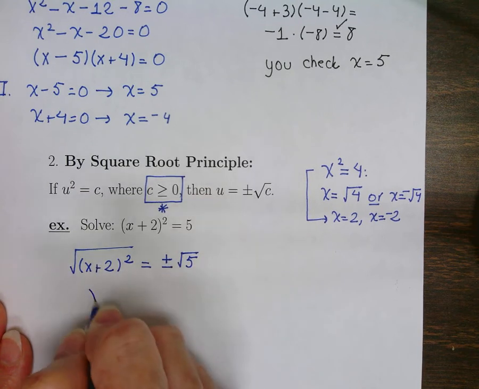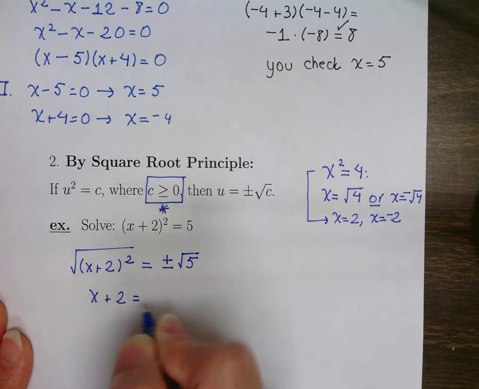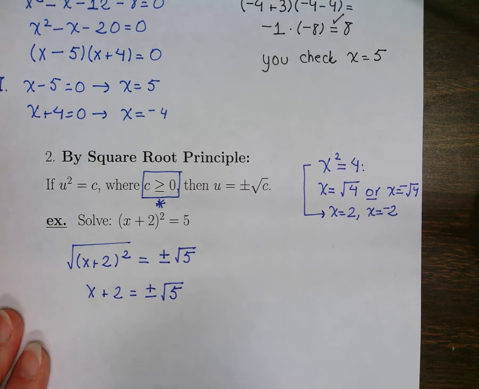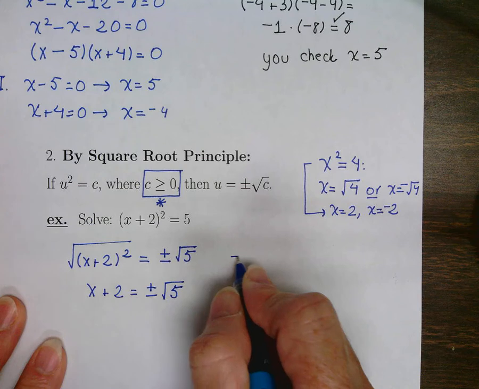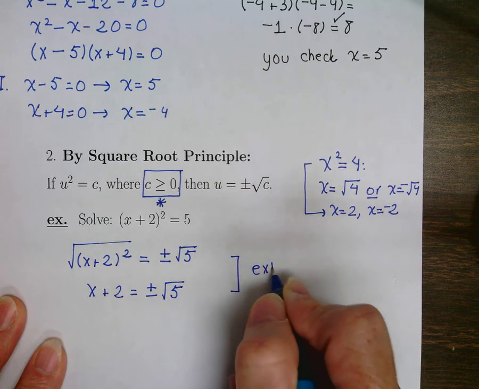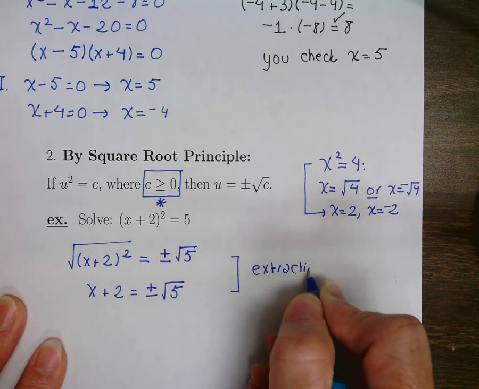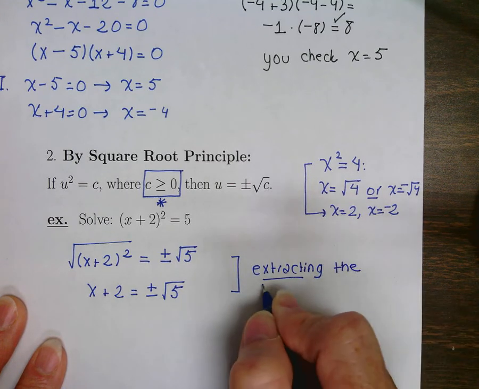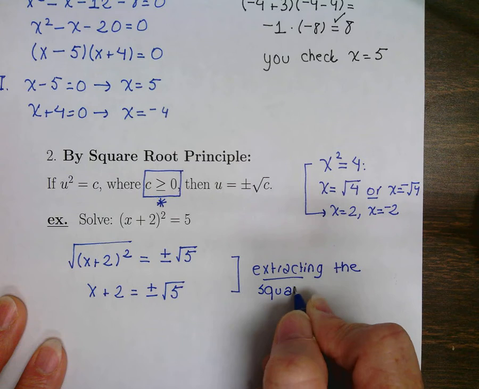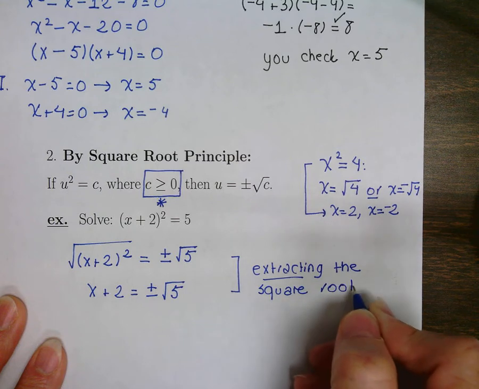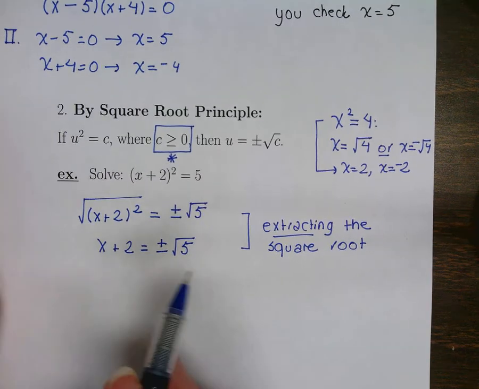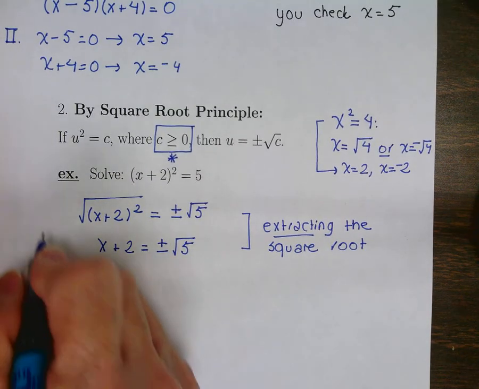And that, of course, is just going to be x plus 2, which is plus or minus the square root of 5. And your textbook calls this extracting the root. Okay, so when you're reading the text, you'll see that term.